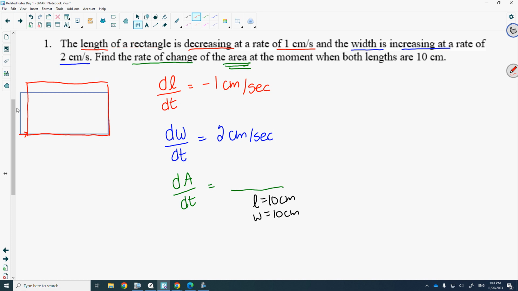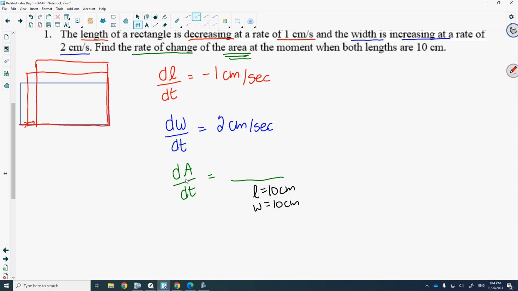Then in the next rectangle, the length is going to get shorter again, and the width is going to increase. So this is what's happening with our rectangle. The length keeps going down and the width keeps going up. The rectangle is changing. The length is going down by 1 centimeter per second, and the width is going up by 2 centimeters per second. And we want to calculate the rate of the area when the length and width are 10.